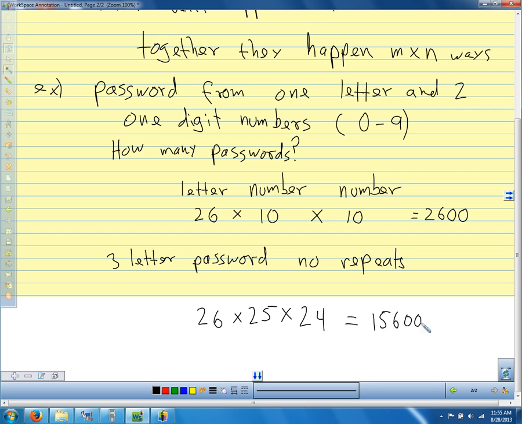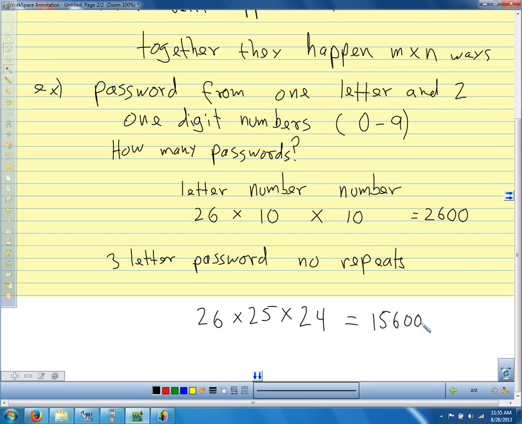That's why they want to make them as complicated as they can. All right. Questions on the fundamental counting principle? What it's telling us is when things happen together, we multiply to figure out how many ways they can happen together.